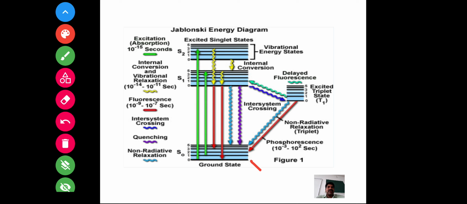excited singlet states. In the ground state, the electrons are paired, they have opposite spin, they are antiparallelly oriented.